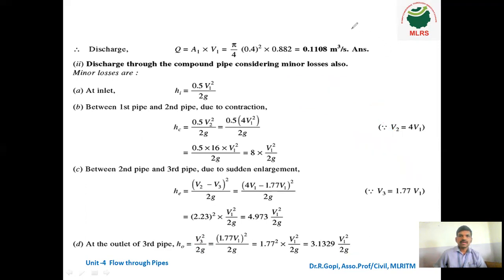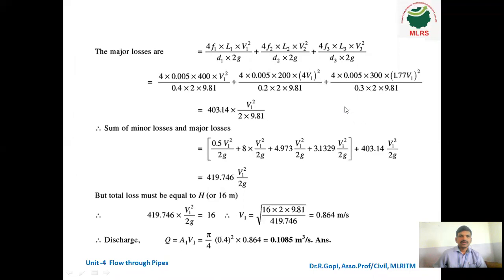Now we can calculate the velocity. We should not put the same velocity as in the case of neglecting minor losses, because this velocity is different. Why? Because here we are considering minor losses also.